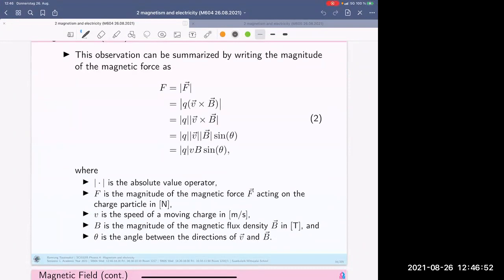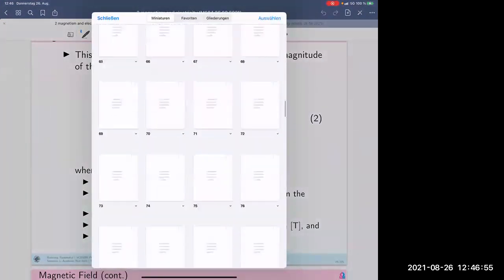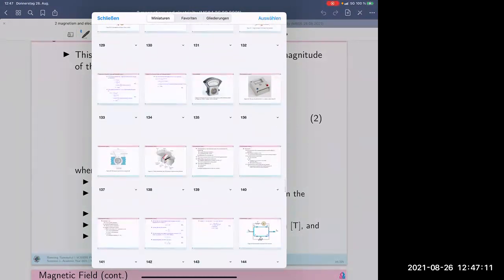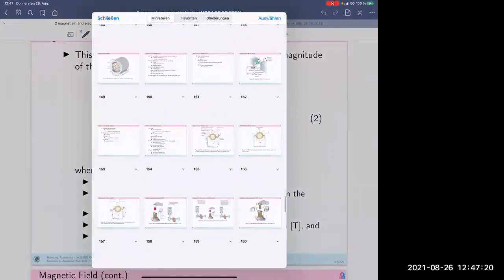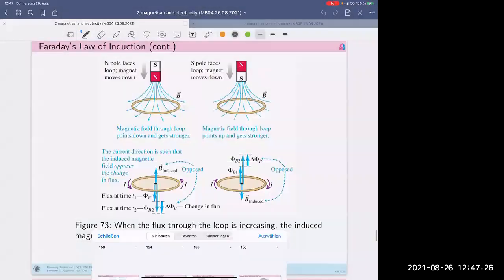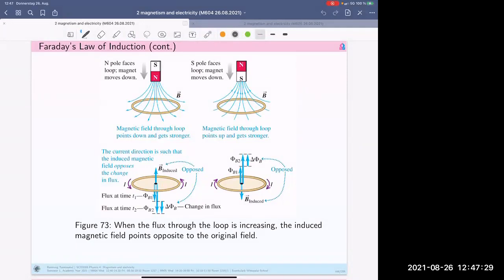Okay, we are here at the topic of Lenz's law, in order to find the direction of the induced electromotive force.